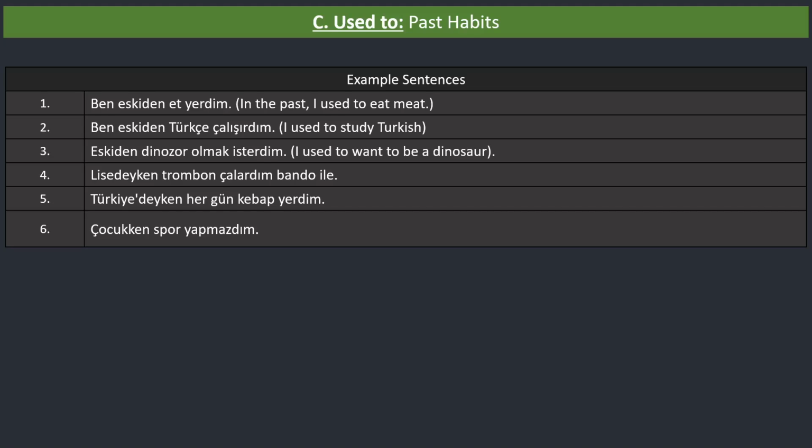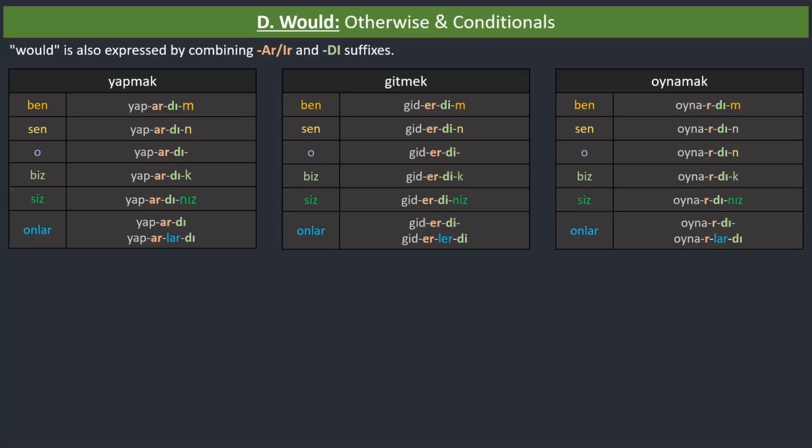Okay. I guess that's a good practice for now with past habits. Maybe we can now talk about the would sentences. I will do that, but okay. So I just have this and nothing actually more, because would is also the same combination, same conjugation.